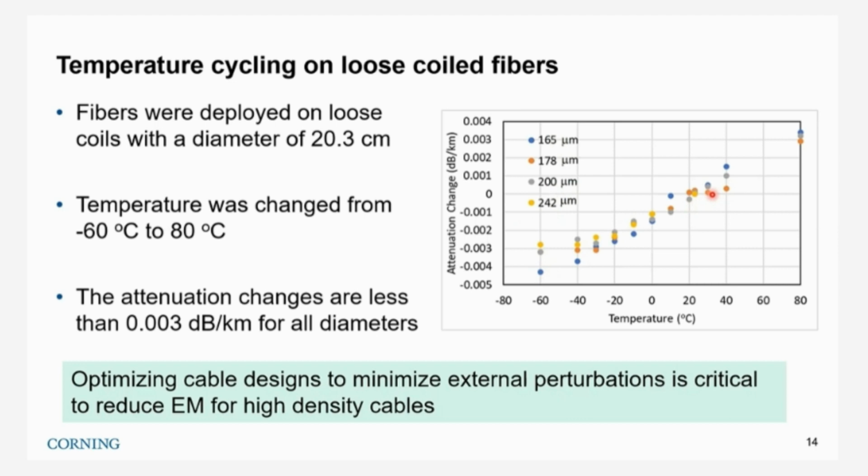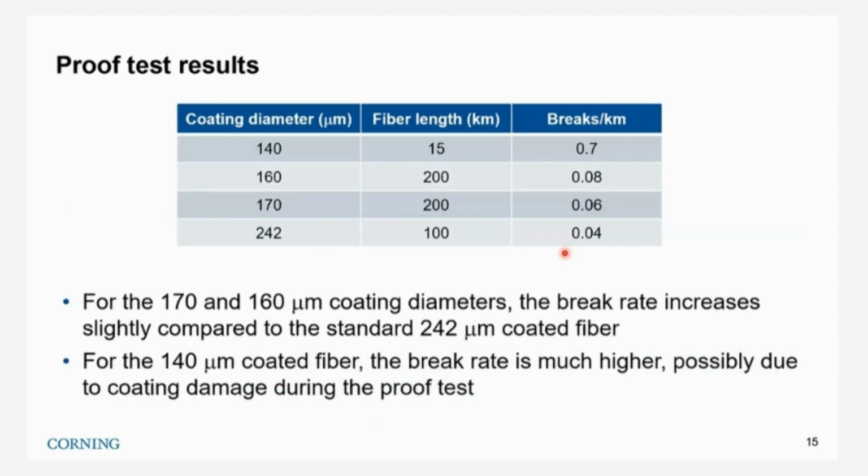The attenuation change is nearly zero, very small, and even for the coating diameter of 165, the attenuation change is very similar. So these results confirm that if you have no force applied to the fiber, there is basically no microbending problem.